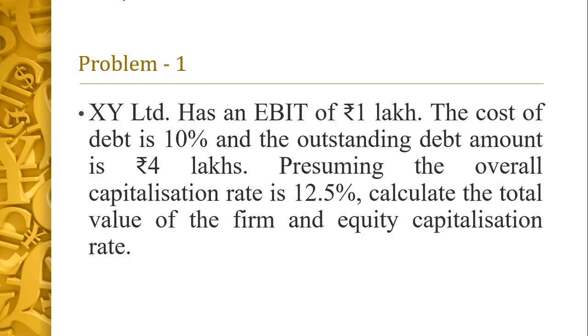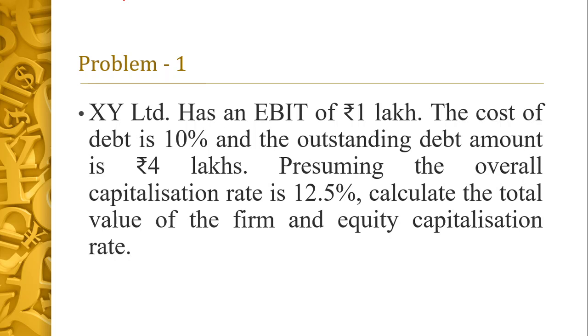So what are the things that have been given? First is EBIT, which stands at 1 lakh. Next is, how do you represent it? KI or KD. It stands at 10%. Then what have they given? B, the total value of debt. It stands at 4 lakh.